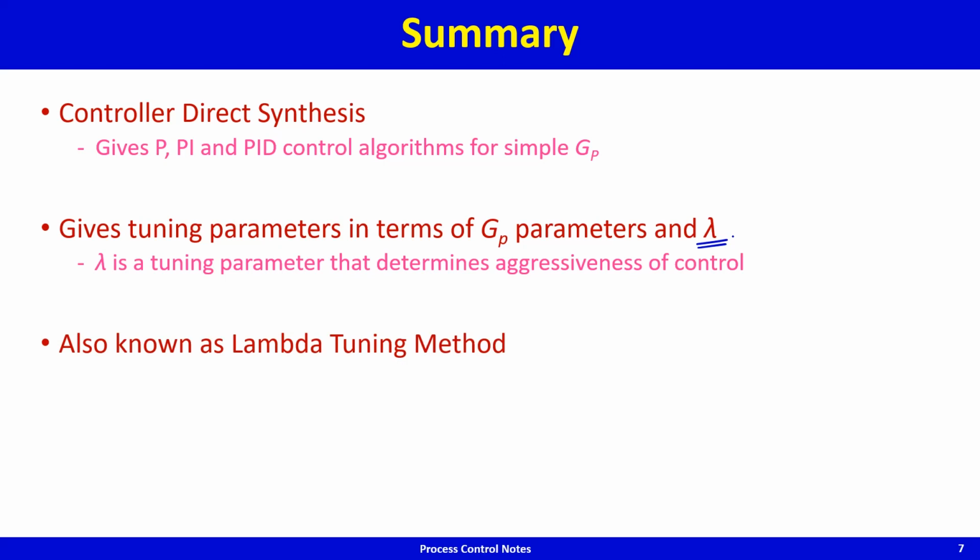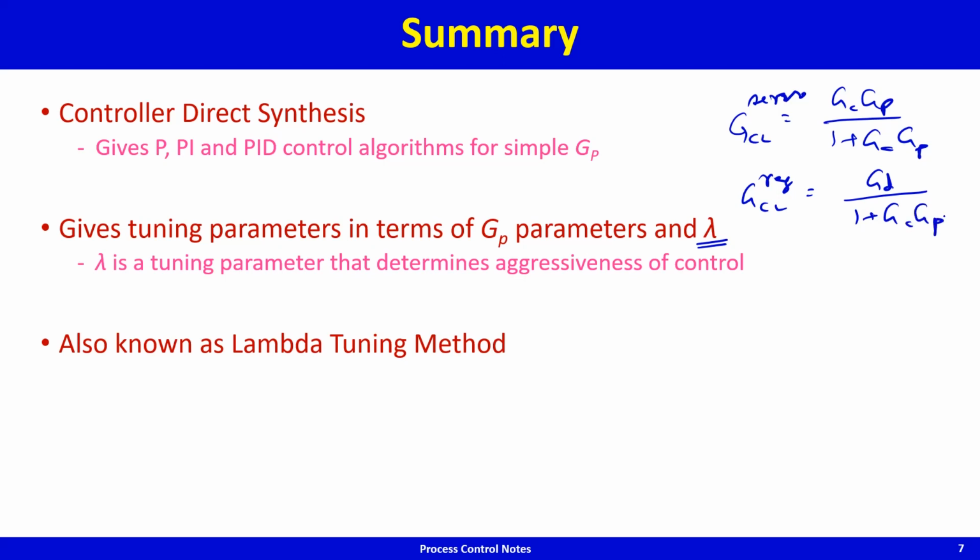I would like to highlight that we have taken G closed loop servo equal to GCGP divided by 1 plus GCGP. This was the basis of our design. This is the servo transfer function. You could also have G closed loop regulator, which would be GD over 1 plus GCGP.